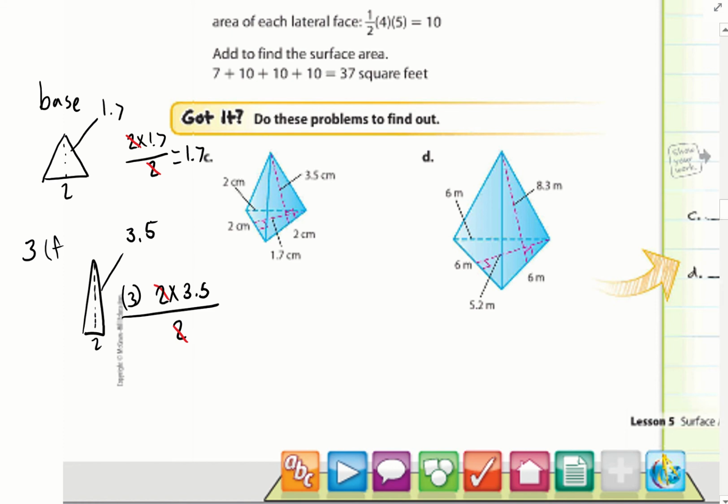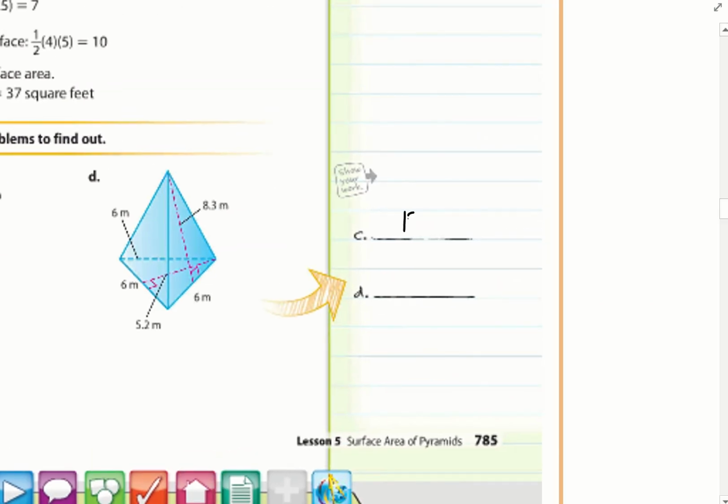I'm multiplying by 3 because I have 3 lateral faces. So 3 times 3.5 is 10.5. Adding 1 7/10, I get 12 2/10 centimeters squared.